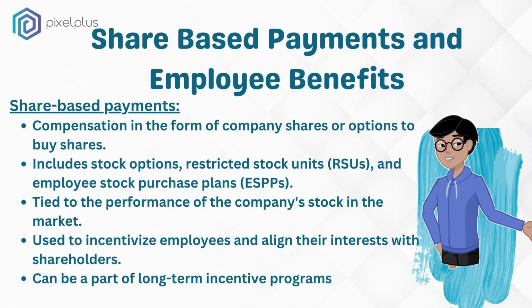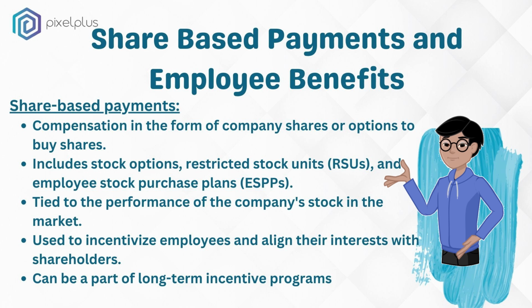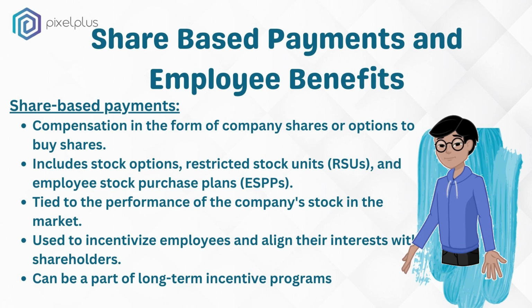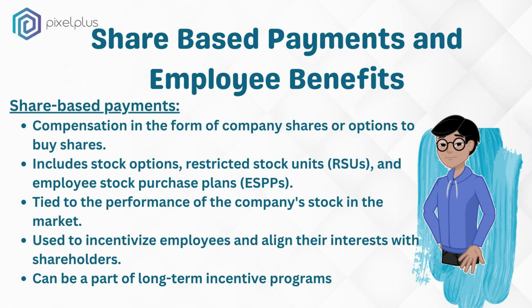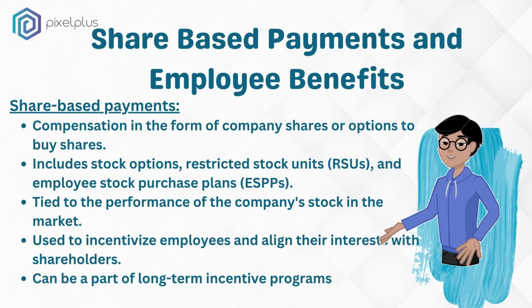This concept is primarily governed by accounting standards such as IFRS 2, that is International Financial Reporting Standard 2, and ASC 718 in the United States. There are two types of share-based payment. The first is the equity-settled share-based payment.